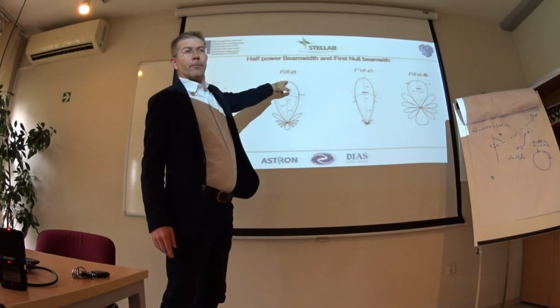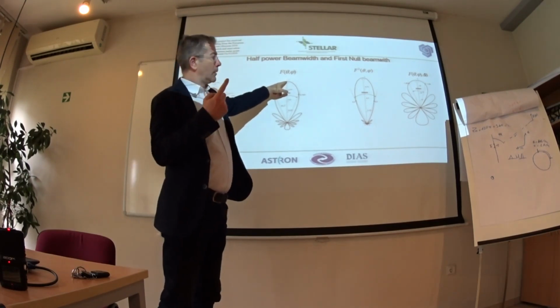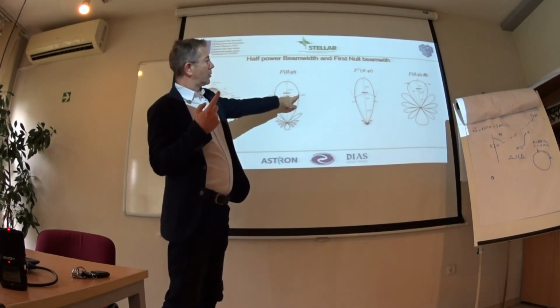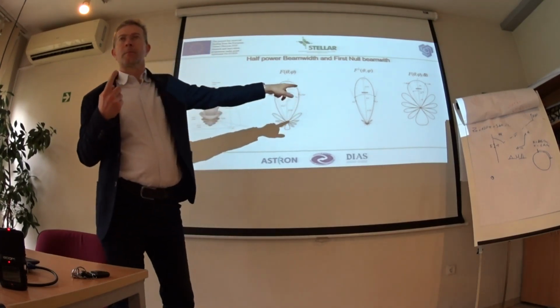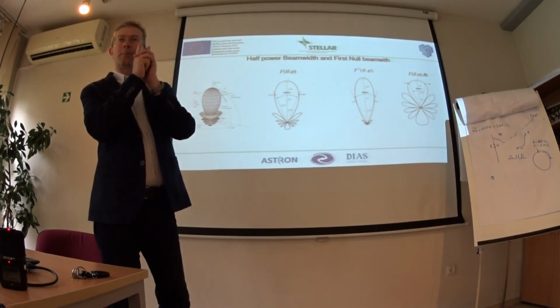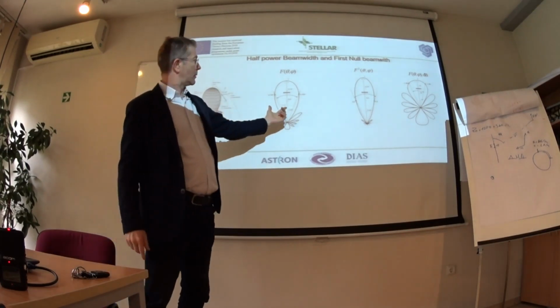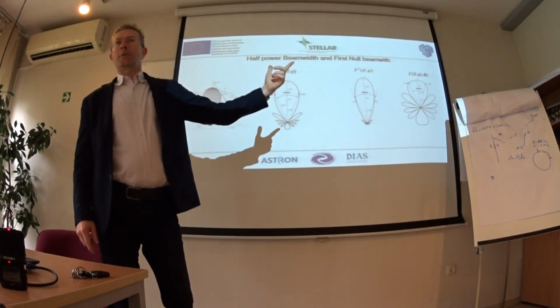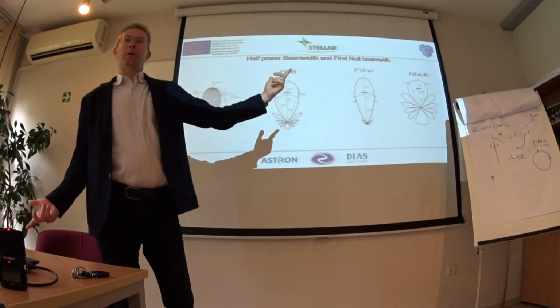If the maximum is normalized to 1, at position 0.7 we measure the antenna pattern beam width. So this, let's say 20 degrees, we say the beam width of the antenna is 20 degrees.